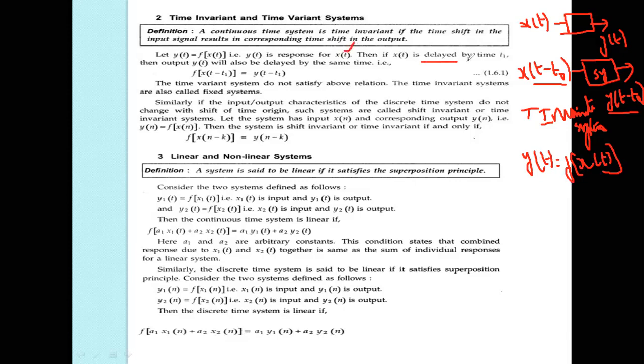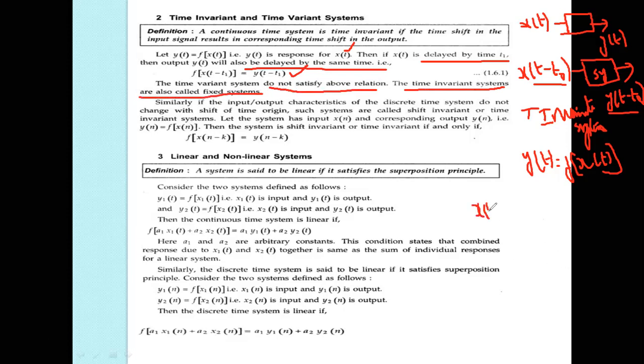If x of t is delayed by t1 samples, then the output y of t will also be delayed by the same time. That is, f of x of t minus t1 is equal to y of t minus t1. The time invariant systems are also called fixed systems.